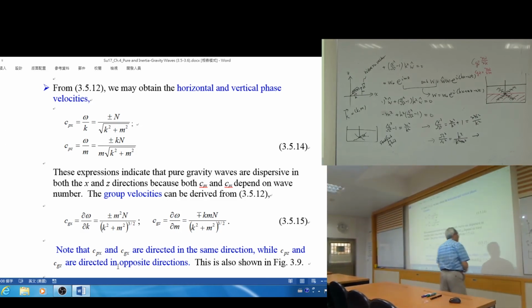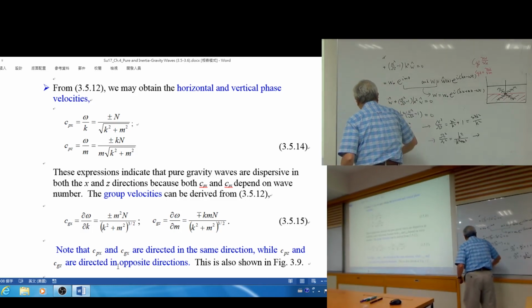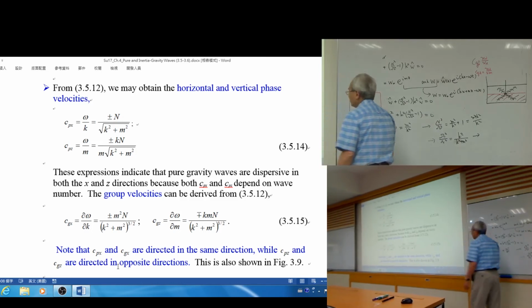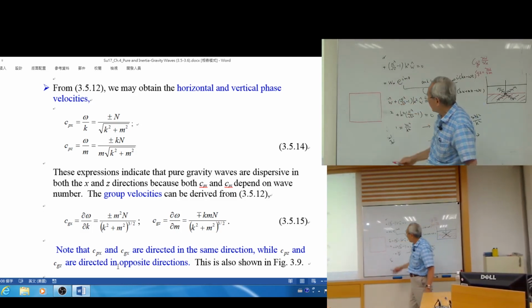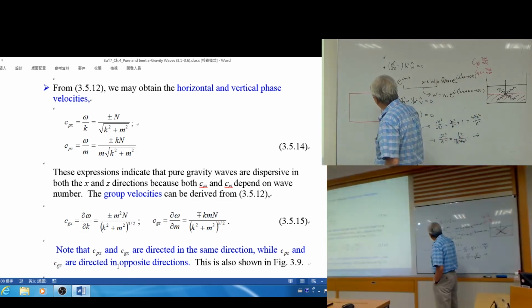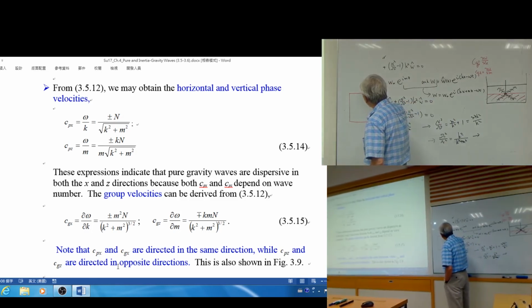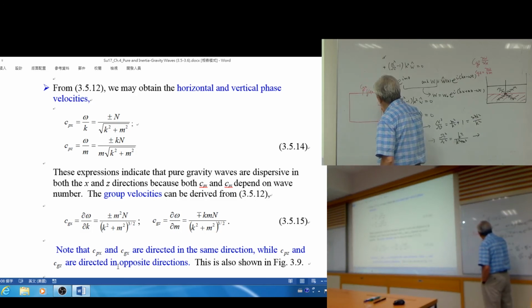That means in a numerical domain, a model domain, when you have CG go upward, your CP is downward. Here, CGx is same direction as CPx.